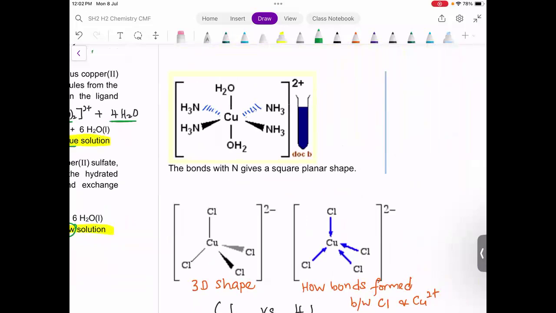If you were asked to show the 3-dimensional shape, do recognize that with respect to the ammonia ligand, with respect to the nitrogen, it's a square planar shape. Then if you are having chloride as a ligand, it's tetrahedral shape. Anything related to copper 2, you must know in depth.